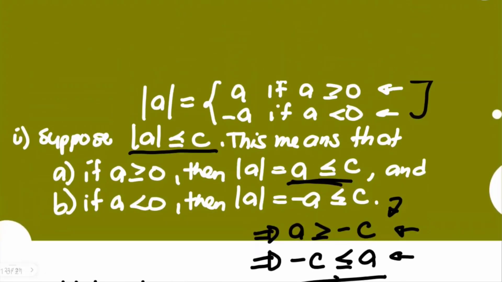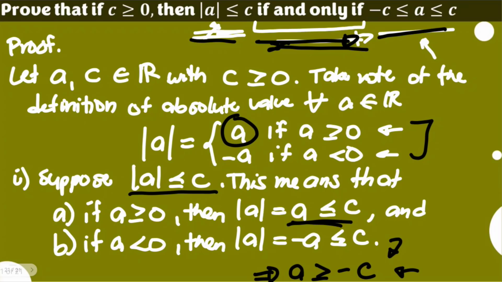By our definition, A is the result of this if A is greater than or equal to 0. Please take note of that.